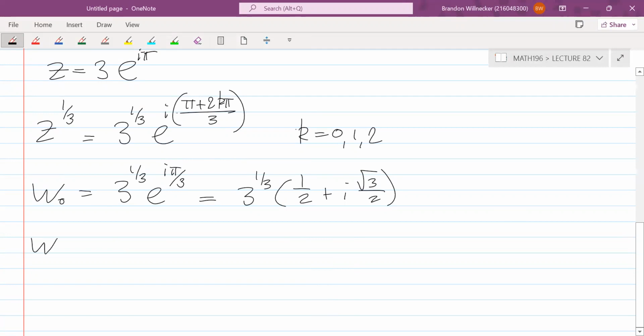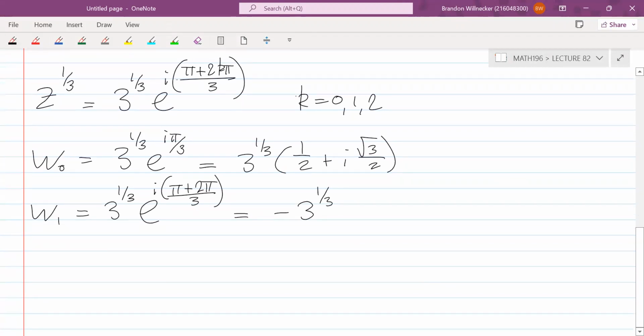Okay, what about w1? That's going to be 3 to the 1/3 e to the i(π plus 2π) over 3, and that's going to be e to the iπ, which is just minus 1. So it's going to be minus 3 to the 1/3. And the last one, w2, that's going to be 3 to the 1/3, e to the i(π plus 4π) over 3. Okay, so that's e to the 5iπ over 3.